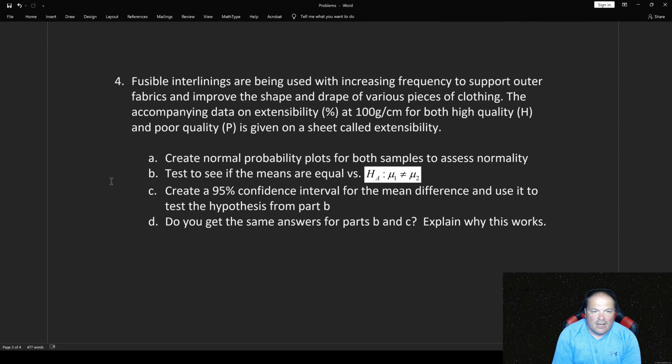The accompanying data on extensibility at 100 grams per centimeter for both high quality and poor quality fabric is given on a sheet called extensibility. Let's go take a look at that before we even get to the questions.